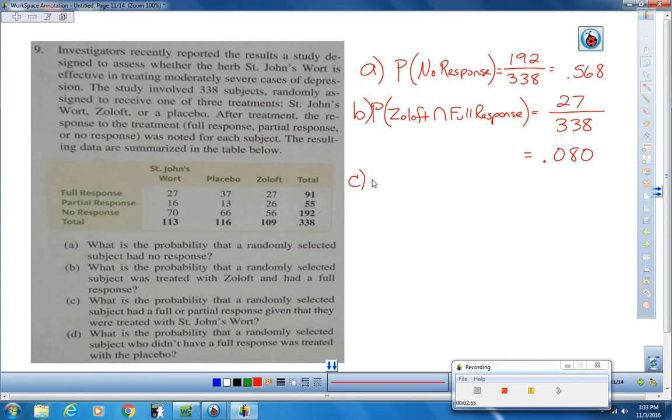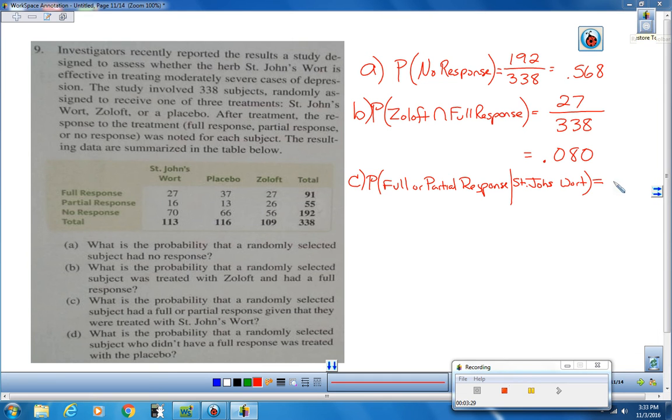Okay, so this is probability full or partial response given St. John's wort. And I will write my fraction over here. Okay, so my sample space has been reduced to everybody that was given St. John's wort.